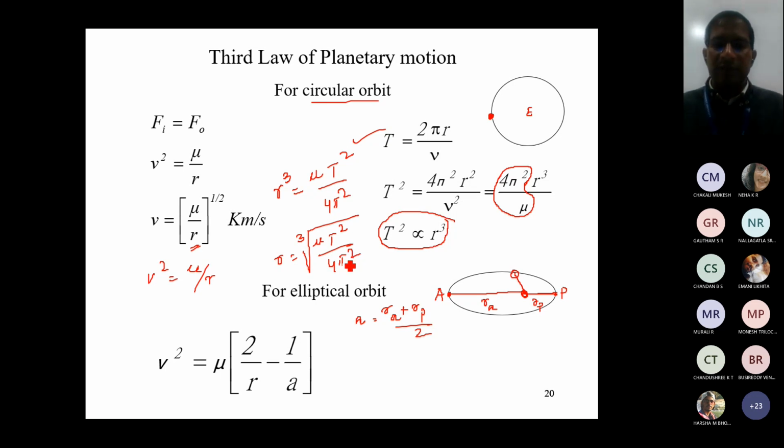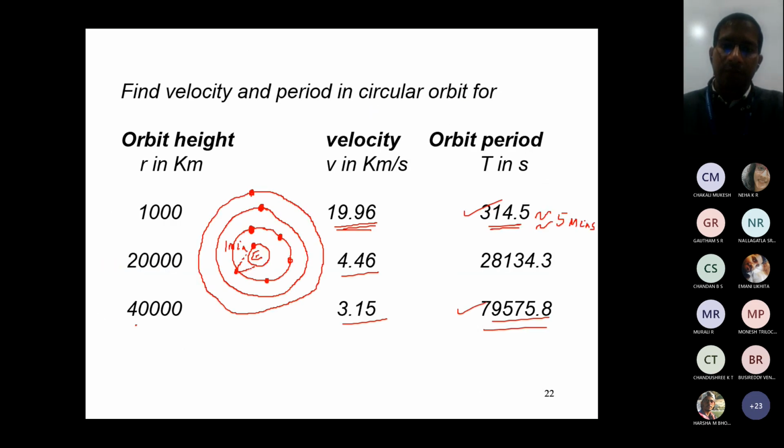This is the expression of the orbital radius of the satellite when it is moving in a circular orbit. So r is equal to the cube root of mu T square by 4 pi square.